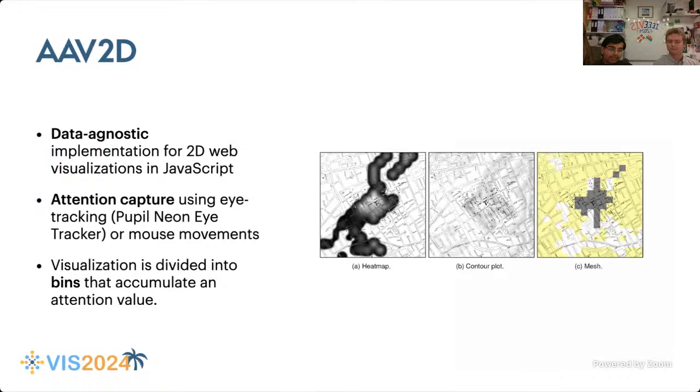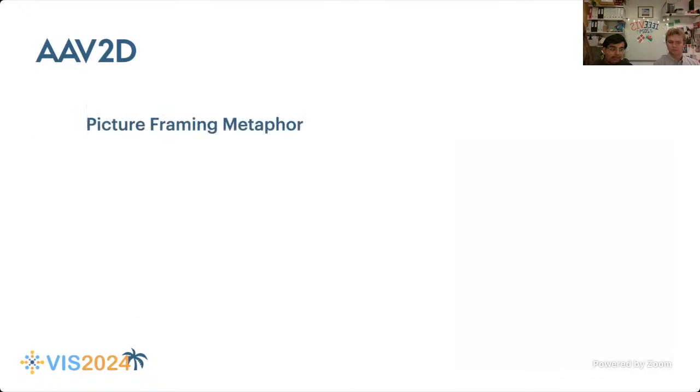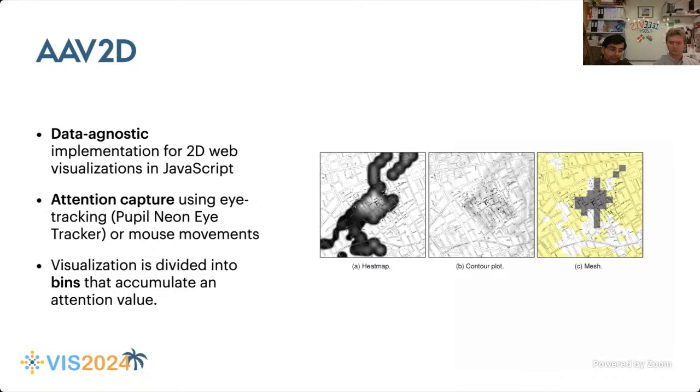For this implementation, we use gaze data from an eye tracker. The visualization is divided into small bins, each cumulatively accumulating an attention value based on how long the user's gaze lingers, relative to the entire visualization. We explored three revisualization techniques, shown here: heat map, the counterpart, and mesh.